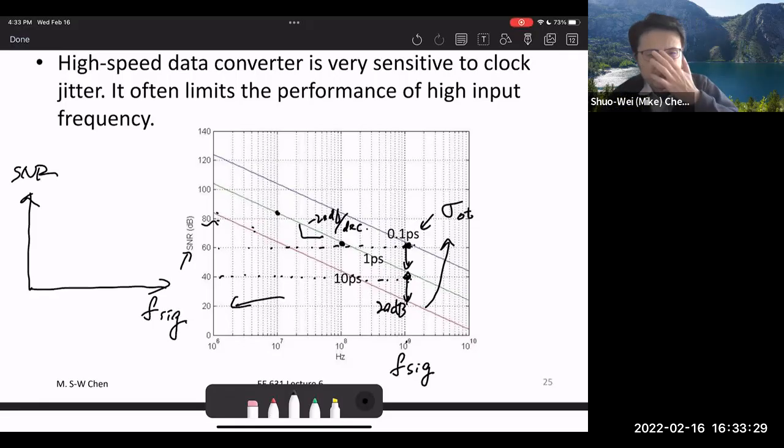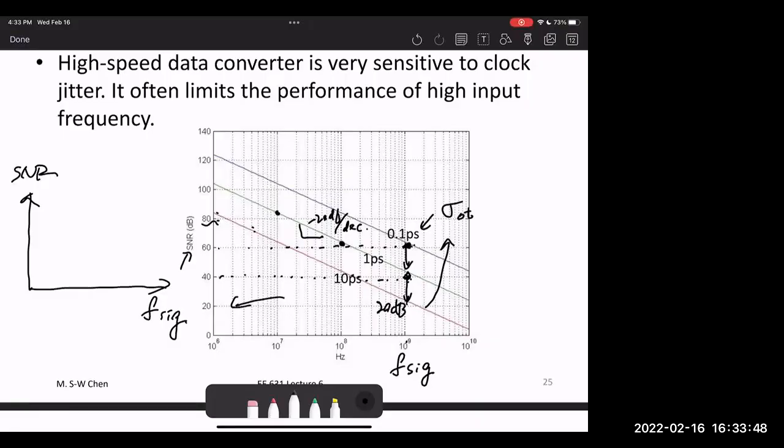So basically what I'm doing here is that I keep sweeping the input sine wave frequency, from very low frequency to very high frequency. What do you think that I should see for the ADC performance?